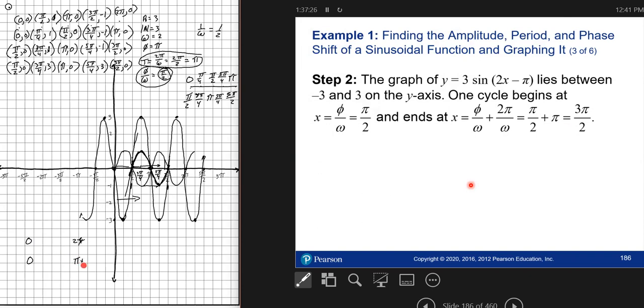And we're going to add pi over 2 to each of these. Oh, we're past time now, aren't we? So I'll continue with this next time, and we're at slide 186.